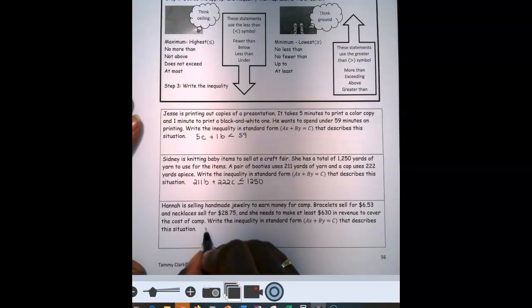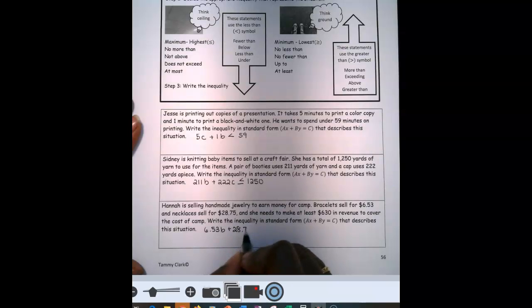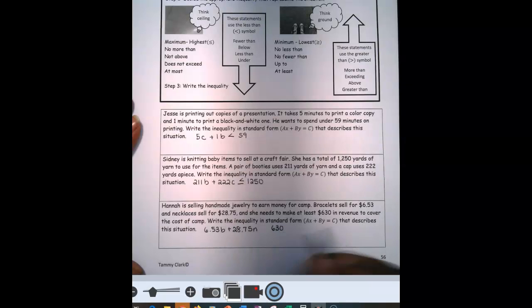So $6.53 for the bracelets, $28.75 for the necklaces, and she needs to make $630 so that she can go to camp. That's the least amount of money that she can make.